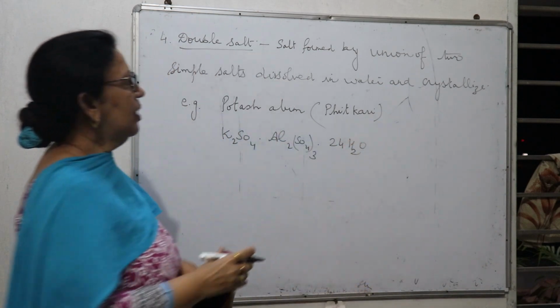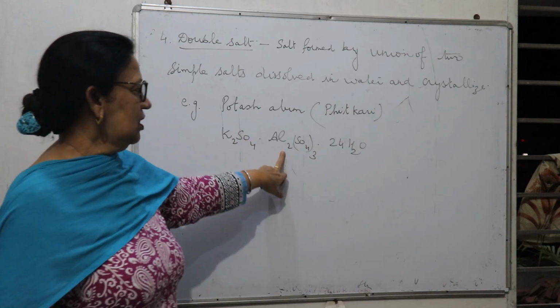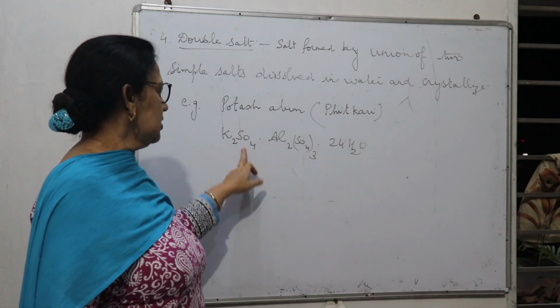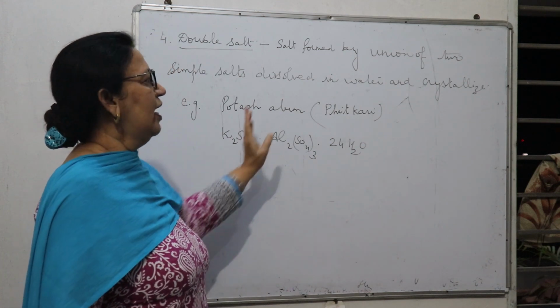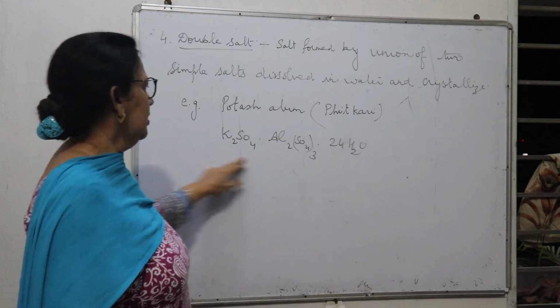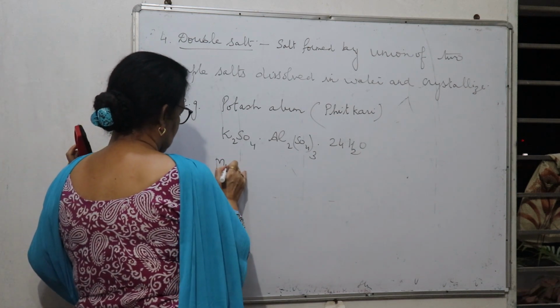This is formed by the union of two simple salts: one is potassium sulfate, the other is aluminium sulfate. Both are separately dissolved in water, their solutions are mixed and then crystals are formed. That is a double salt.